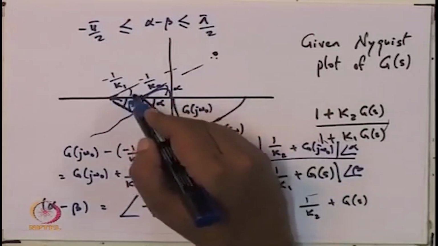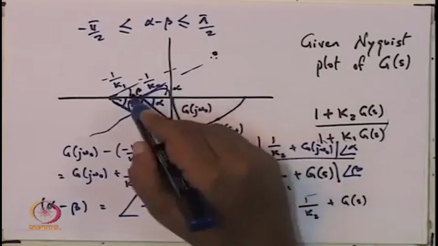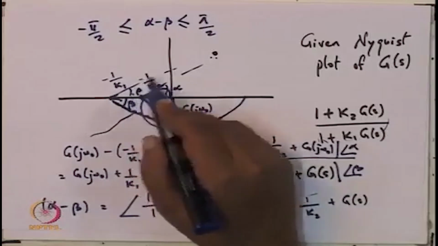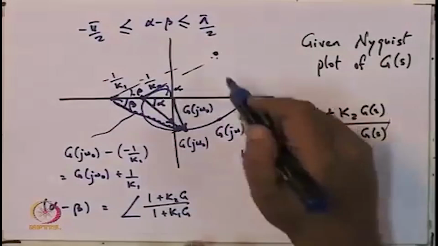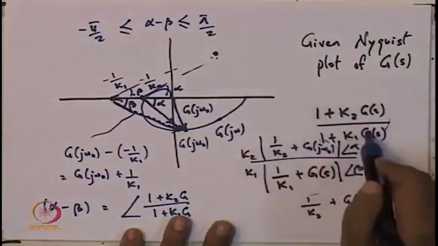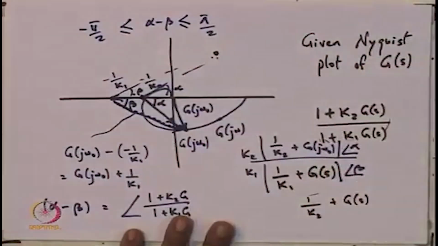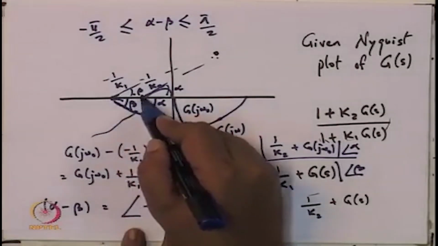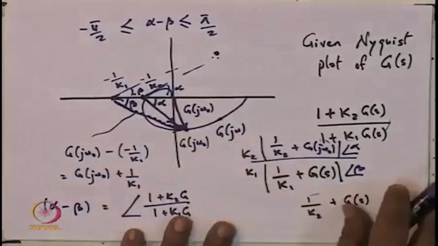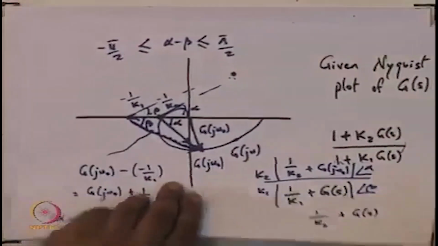So, you have alpha and beta, and if the difference between these two angles alpha minus beta lies in this range, then when you do the transformation, the resulting point is going to lie in the right half plane. So, everything essentially depends on these 2 points, minus 1 by k 2 and minus 1 by k 1. And so, let us now look at how those 2 points get related.